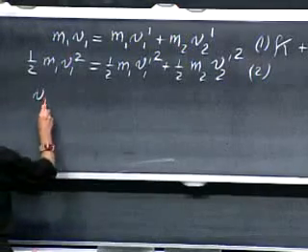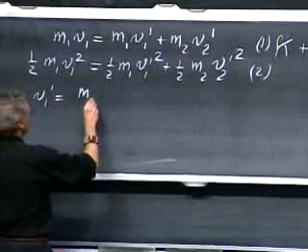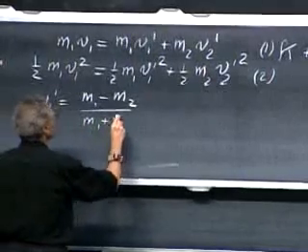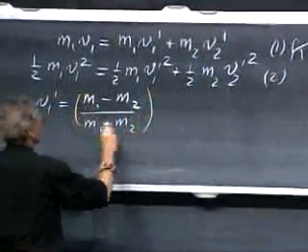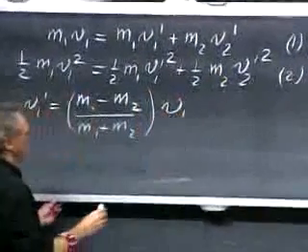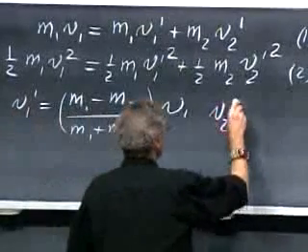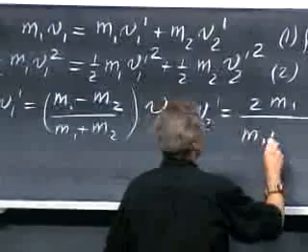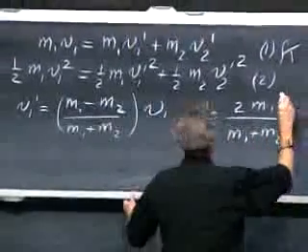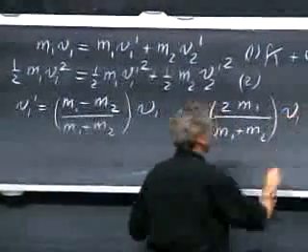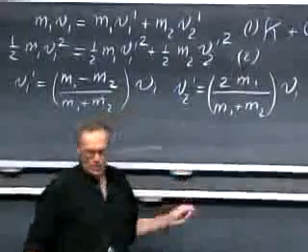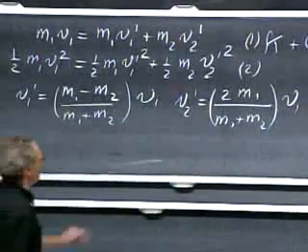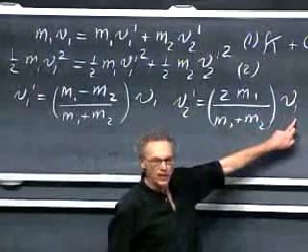V1 prime will be (M1 minus M2) divided by (M1 plus M2) times V1. And V2 prime will be 2M1 divided by (M1 plus M2) times V1. The first thing that you already see right away is that V2 prime is always in the same direction as V1.